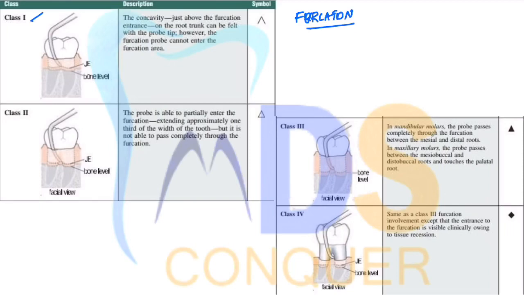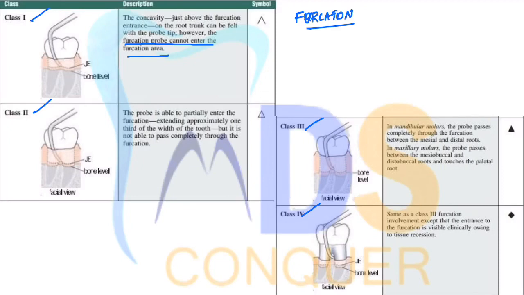Glickman has divided it into class 1, class 2, class 3 and class 4. Most of you are very familiar with this. In class 1, the furcation probe cannot enter the furcation area. Basically, when you try to probe it, the furcation probe will not enter the furcation area. That is your class 1.